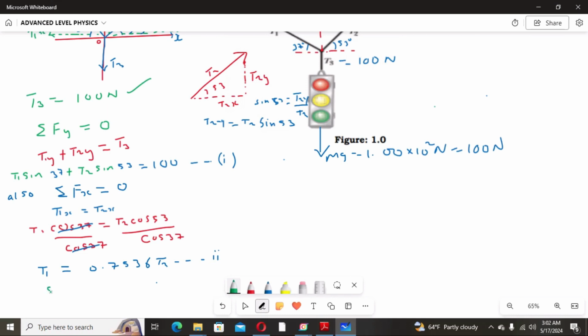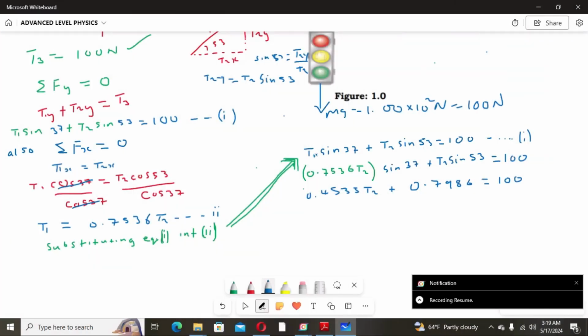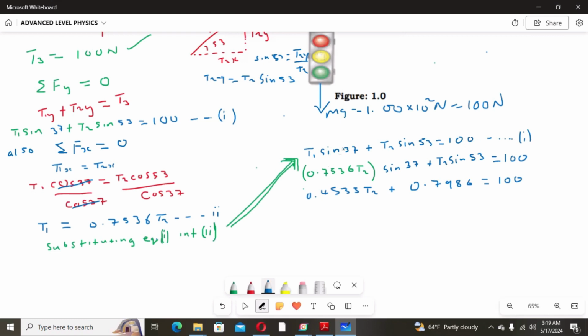So let us say substituting equation 2 into equation 1, what are we going to have? Copying equation 1, then substituting for T1. So where there is T1 here, we put this.